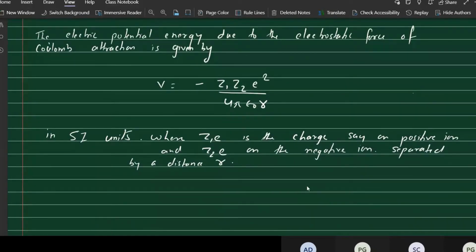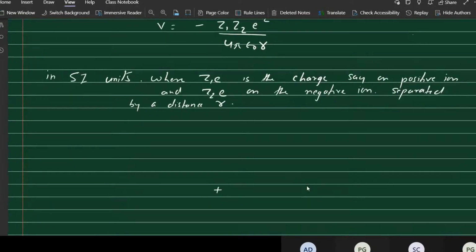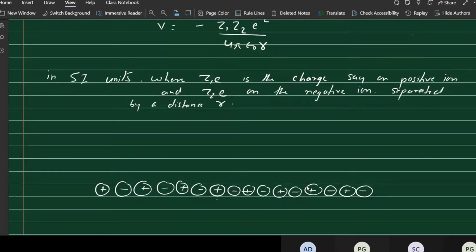Now, if there are a lot of charges, for example, the combination of positive charge, then negative, then positive, then negative, again positive. If there are combination of this type of charge in alternate form, and we need to calculate the potential on any of the reference charge.